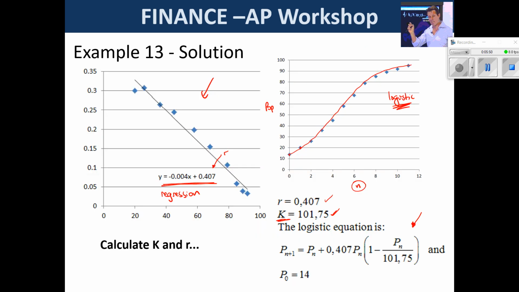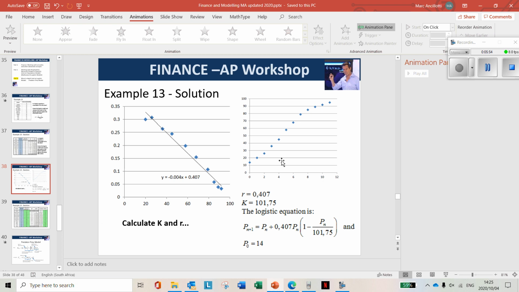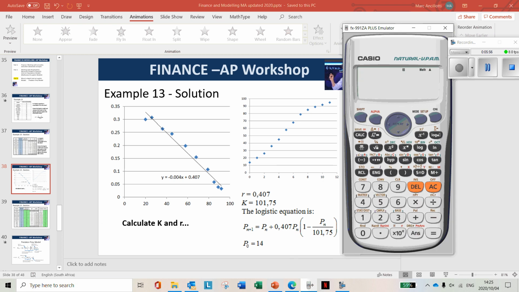Now I just want to pull up my calculator for a second to show you something. So I'm going to type this in. If our initial population is 14, I type 14 equals, and then I say to myself, that's going to change all the time. That's my population parameter, that's going to be the answer.